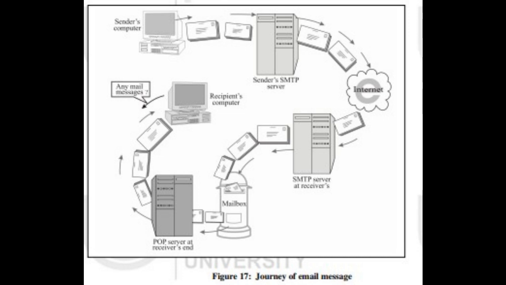POP server. The Post Office Protocol provides a standard mechanism for retrieving emails from a remote server for a mail recipient. Suppose that a home user X usually connects to the internet using a dial-up connection to an ISP. Also, another person Y has sent an email to X when X is not connected to the internet. Now, the email message gets stored in the mailbox of the user provided by the ISP.